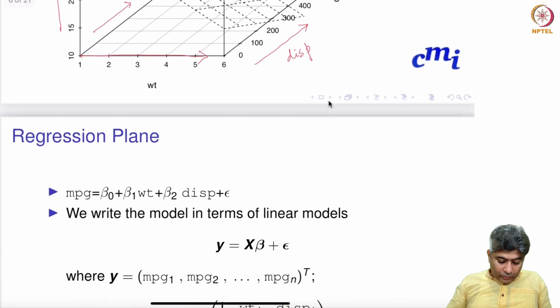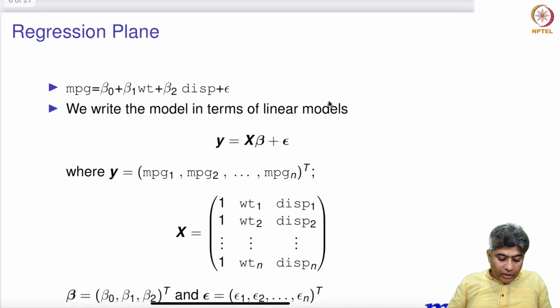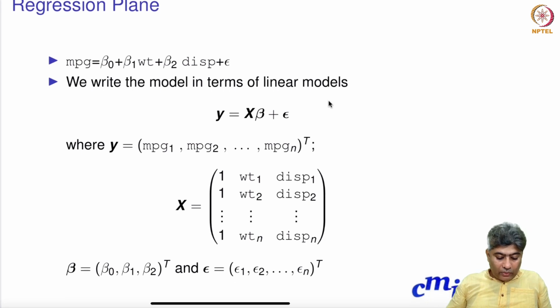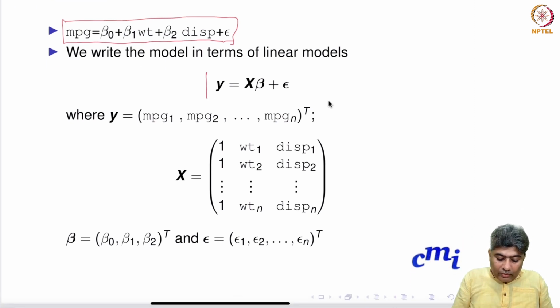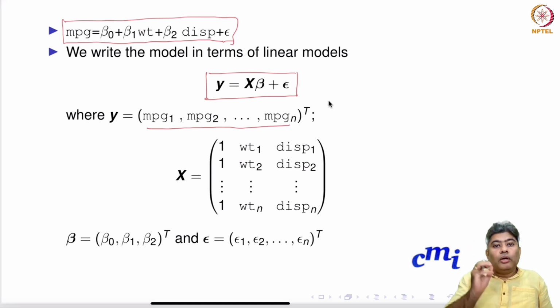Next, how can we write it in matrix notation? We can take this model and write it in matrix notation, which will clarify our concept more clearly. We can write it as y equals x beta plus epsilon. Y is as usual the vector of all miles per gallon values of dimension n, and this is the design matrix.